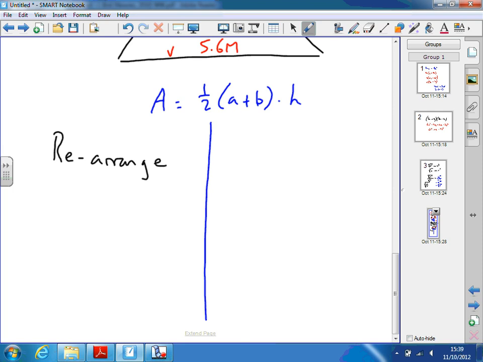Or put the numbers in. And those are the two choices we have.